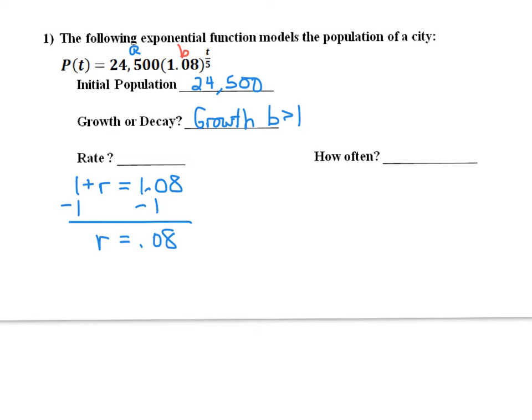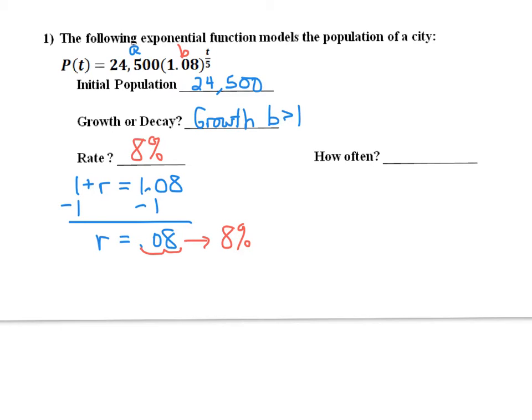Now usually we're going to write our rate as a percent, so recall that to convert from a decimal to a percent, I'm just going to move my decimal point over 2 places to the right and say that this is a rate of 8%. So the rate that we're talking about is an 8% growth rate.